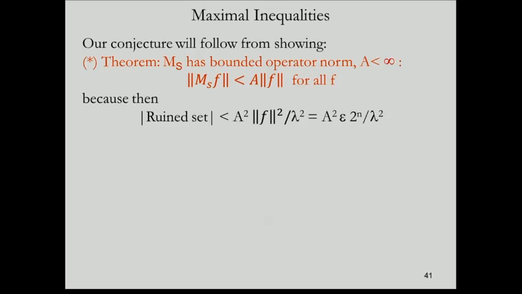By Markov's inequality that I mentioned a couple of slides ago, the cardinality of the ruined set is less than this quantity. By picking some lambda of the order root epsilon, we get that the ruined set is very small, which comes back to the existence versus majority question. So this is the maximal inequality that we show.